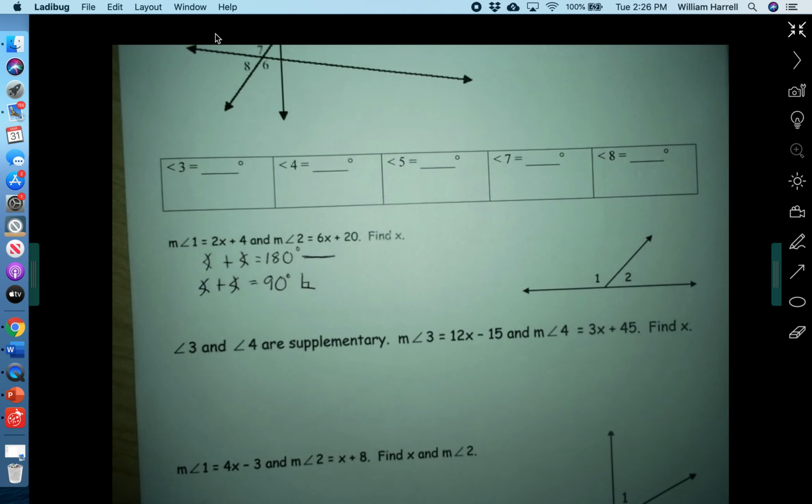Now 180 is a straight line, 90 is a right angle. Well, the way I think about it again is I know two angles add up to either be a straight line or a right angle. What shape is made if you take the common ray out? So in this case, I have a line, which means angle 1 plus angle 2 equals 180.